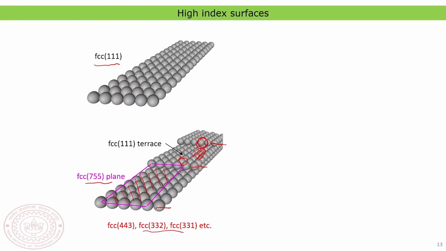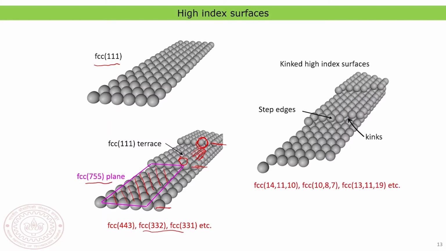And immediately when you have lower coordination, the atoms have higher reactivity. That is the interesting aspect. So as and when you create high index surfaces, you are ideally creating surfaces that are more reactive in nature, or more rough in nature.